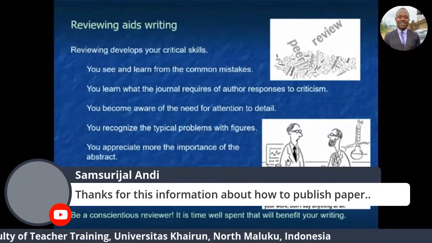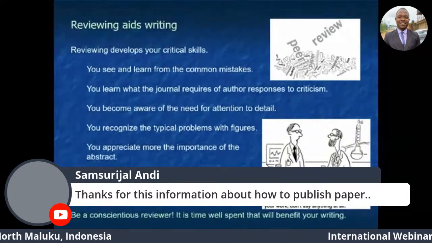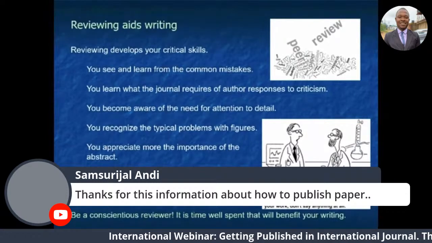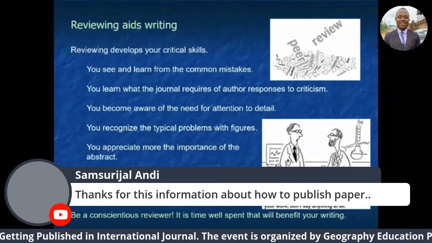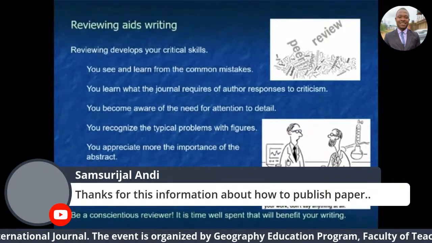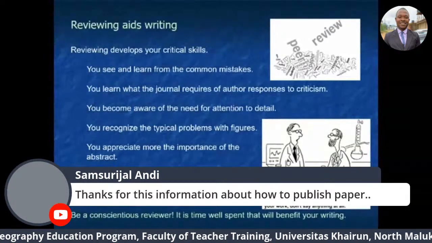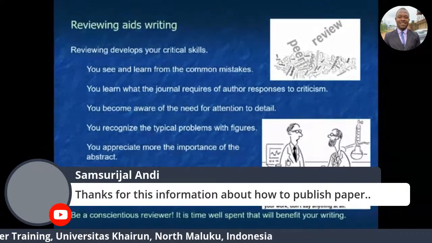Then you appreciate the importance of abstracts. Like I said, if the abstract is not strong, it could lead to a very big problem. If you have a very good abstract, it has eliminated up to 50% of the problems you might face in journal publication, because once an editor reads your abstract, he knows what you're driving at.